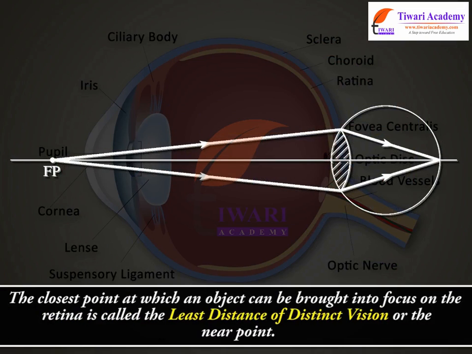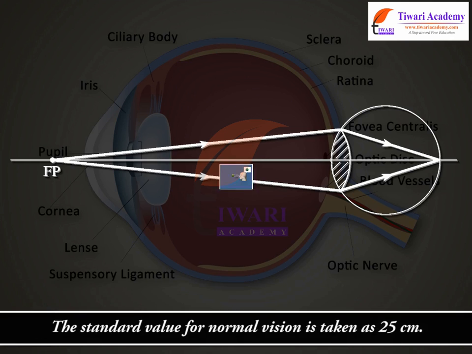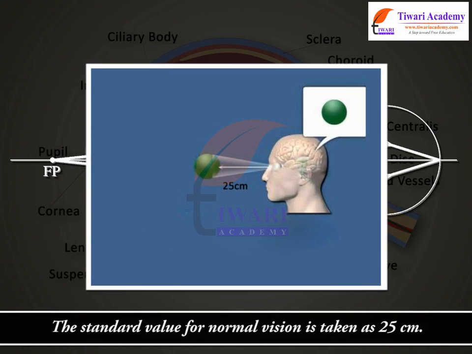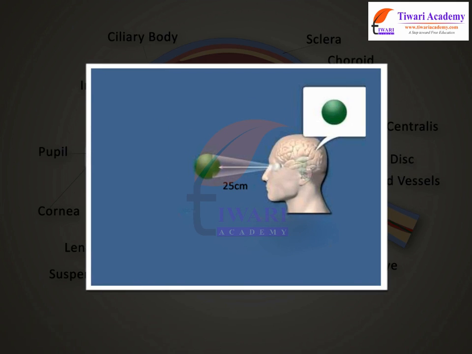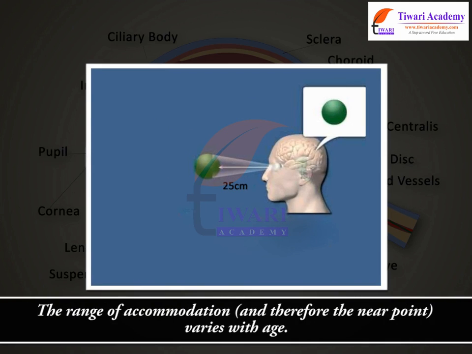The closest point at which an object can be brought into focus on the retina is called the least distance of distinct vision or the near point. The standard value for normal vision is taken as 25 cm. The range of accommodation, and therefore the near point, varies with age.